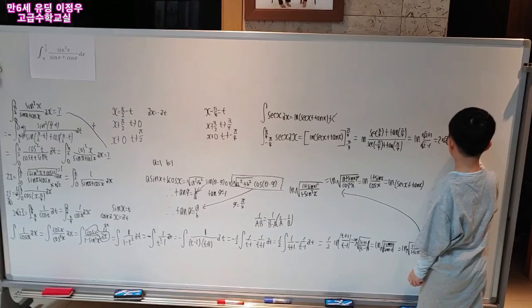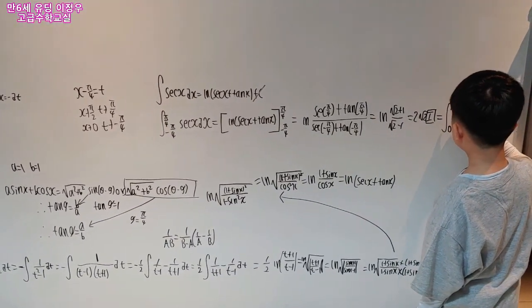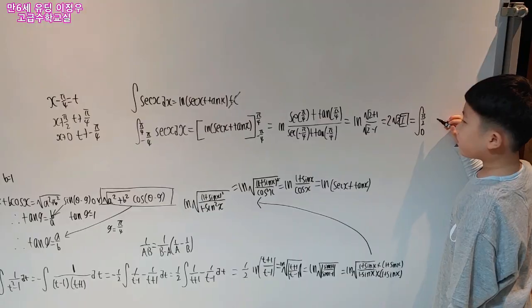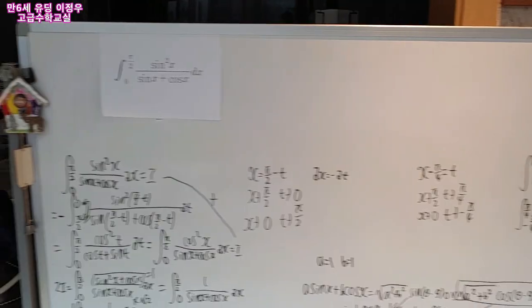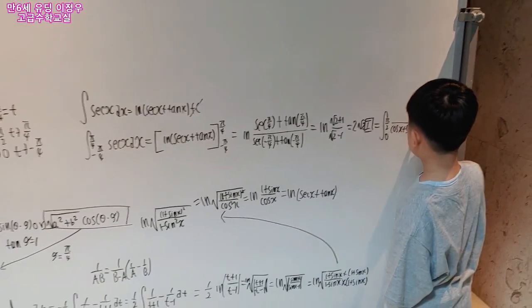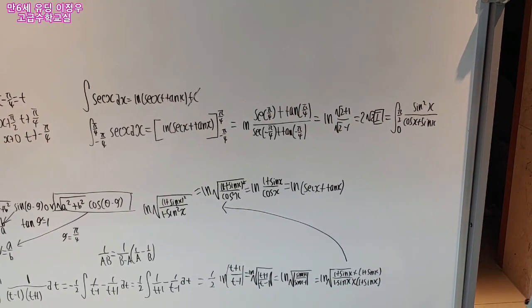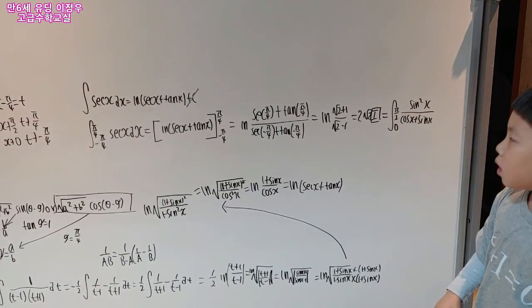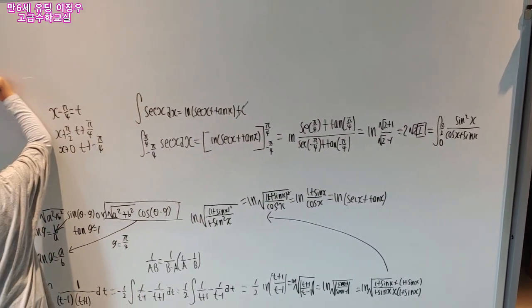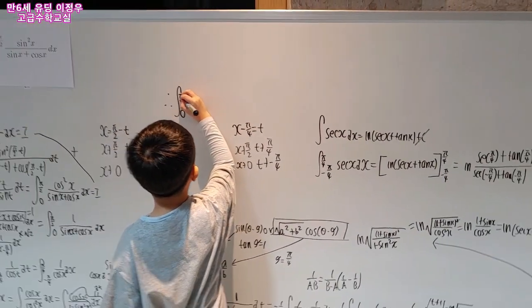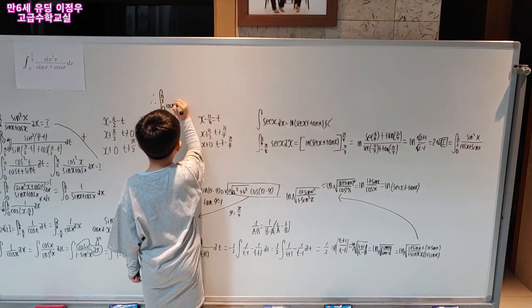So I equals the integral from 0 to pi over 2 of cosine x plus sine x.